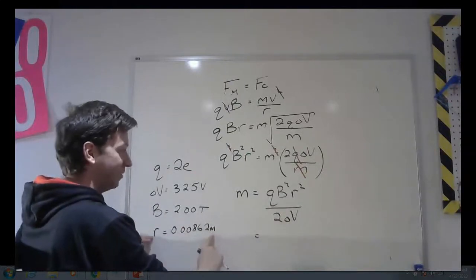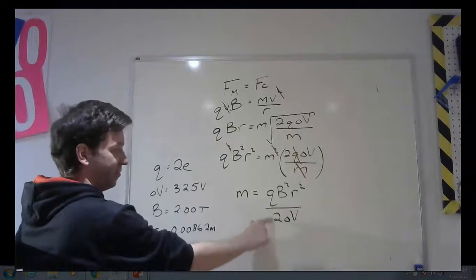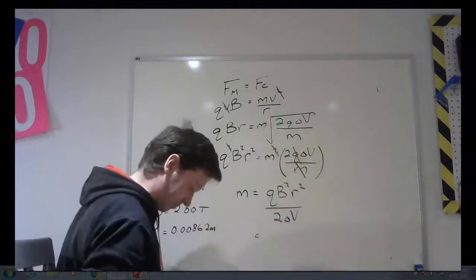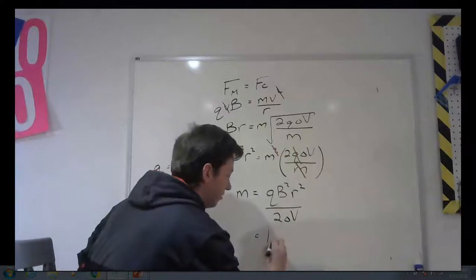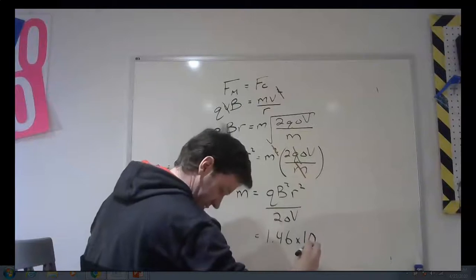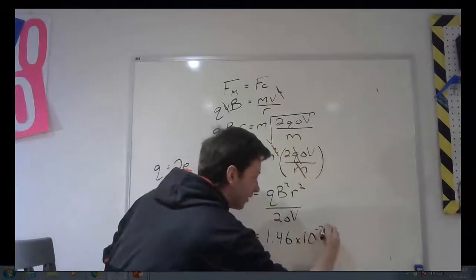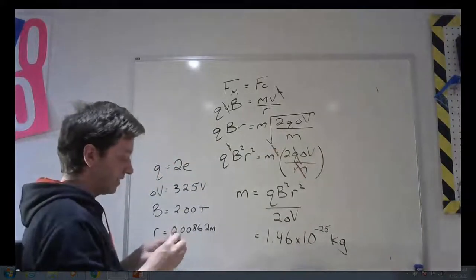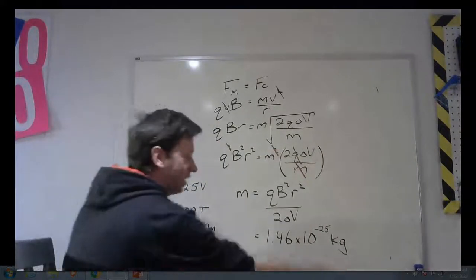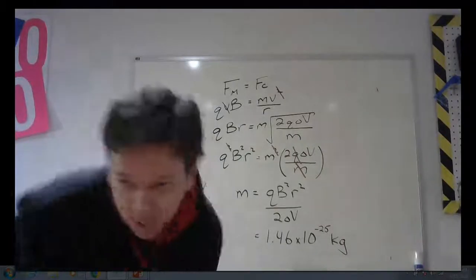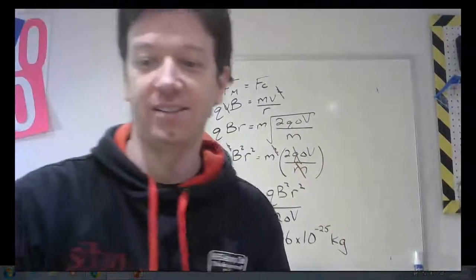We have r in meters, square that, all divided by twice the potential difference. And you get a mass to be 1.46 times 10 to the minus 25 kilograms there. We just determined the mass of those particles that we sent through the mass spectrometer. So now you know how that works and you can make your own calculations.